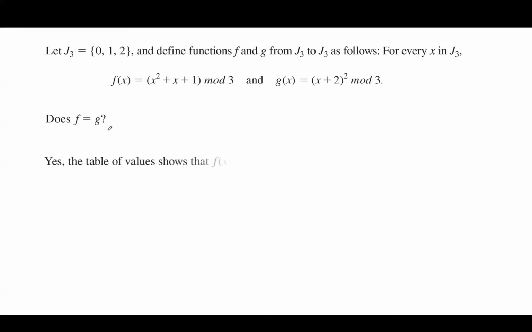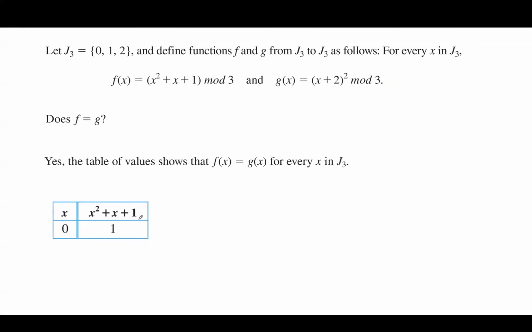Let's take a look at the table below. Set x to be 0. When x is equal to 0, x squared plus x plus 1 becomes 1. This is 0, this is 0, so the output value is equal to 1.